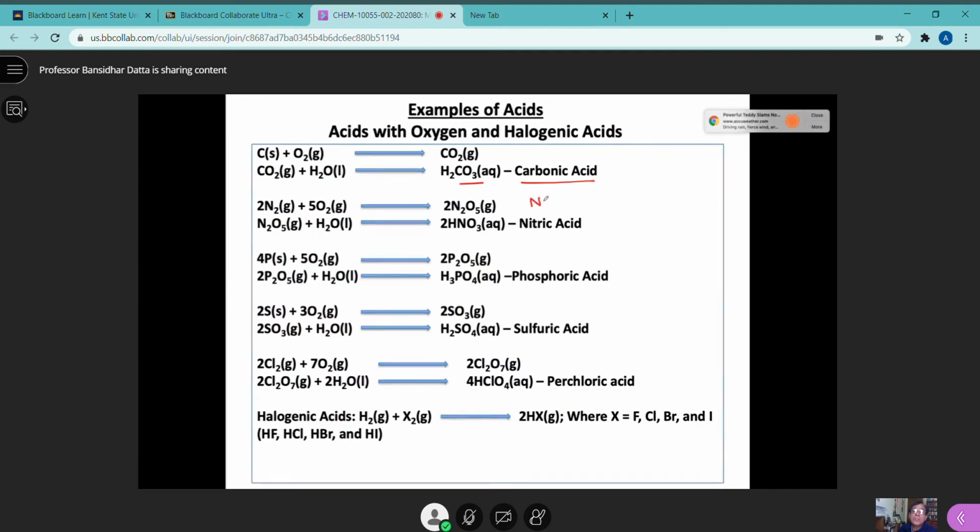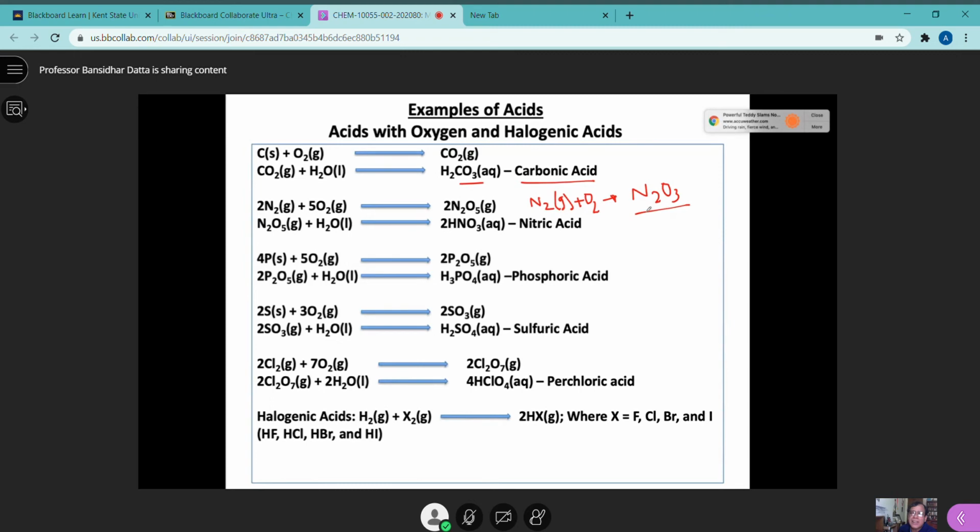So if you have nitrogen gas plus O2, I'm writing another oxide, I'm not balancing it here, you can also have N2O3. Can someone tell me what's the name of this molecule? Does anyone know? So you have N2O5, you have N2O3.